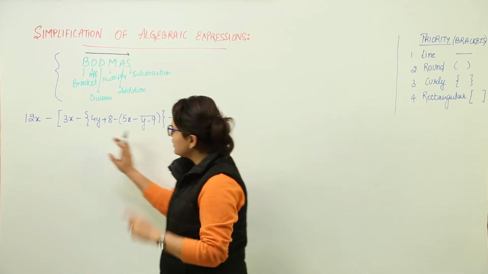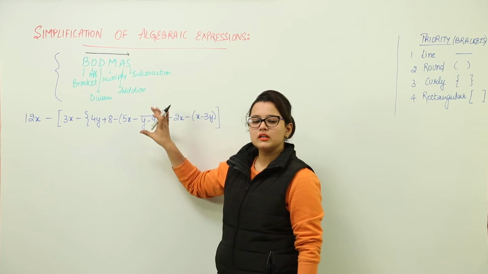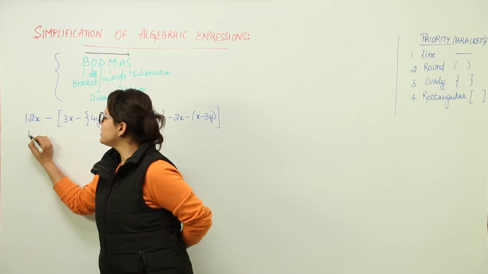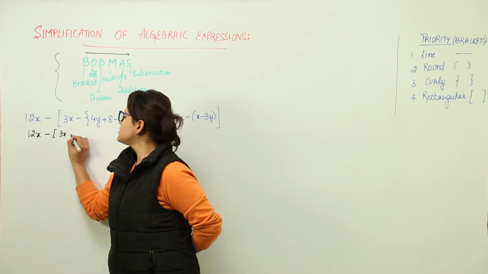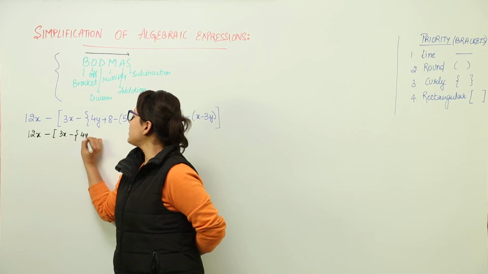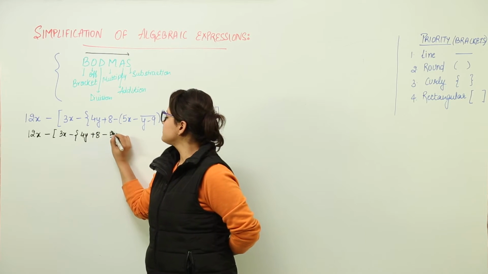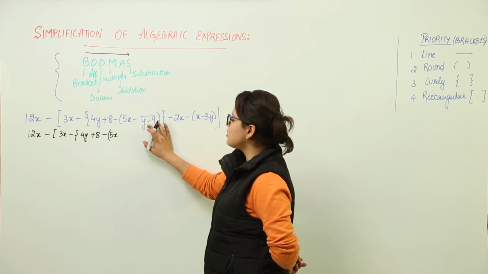For this we have the line bracket somewhere over here. So we'll start targeting the line bracket first. We'll write down the rest of the terms as they are: 12x minus 3x minus 4y plus 8 minus 5x. Make sure you are not changing anything except solving this part.